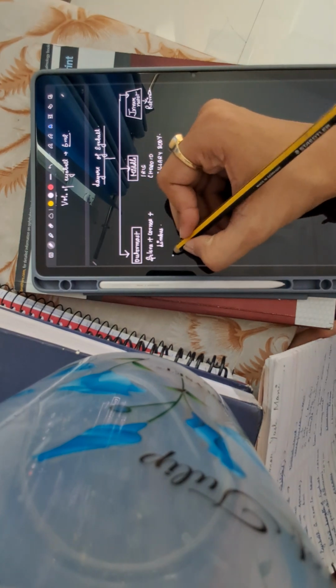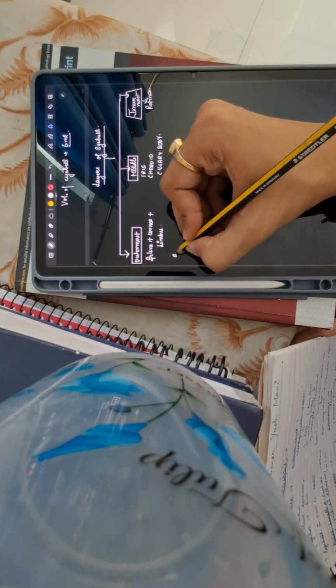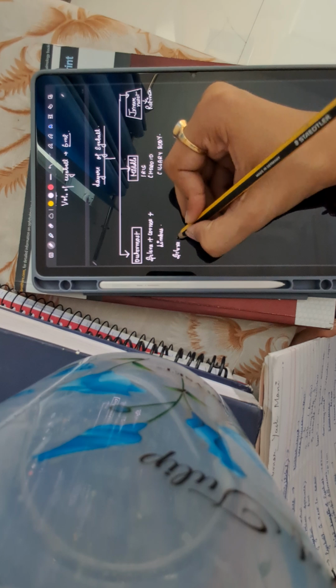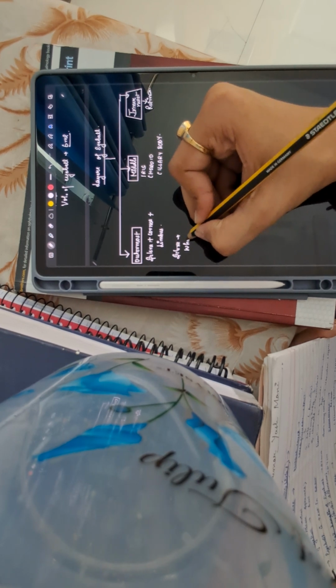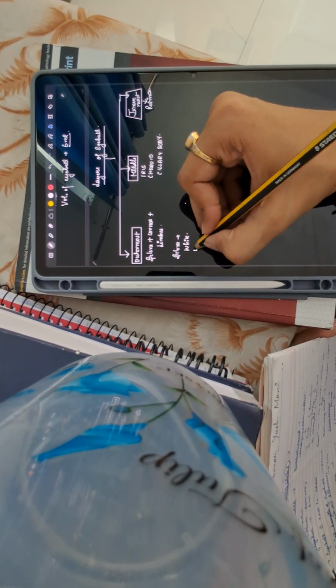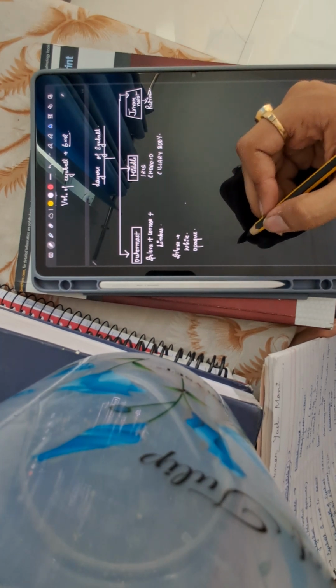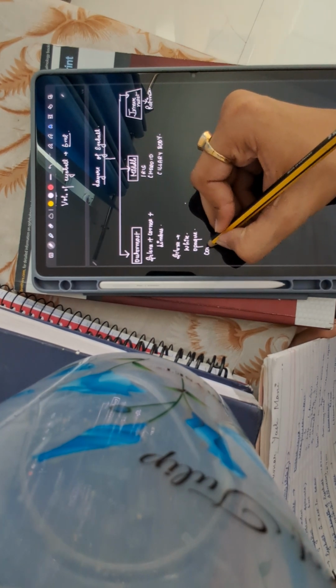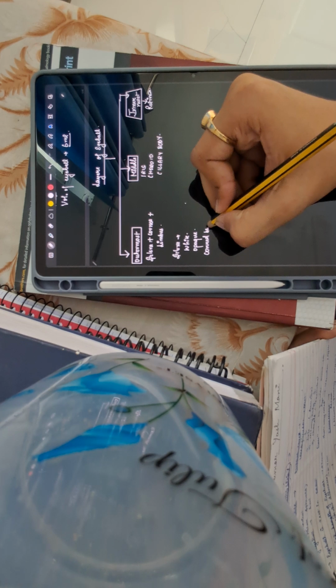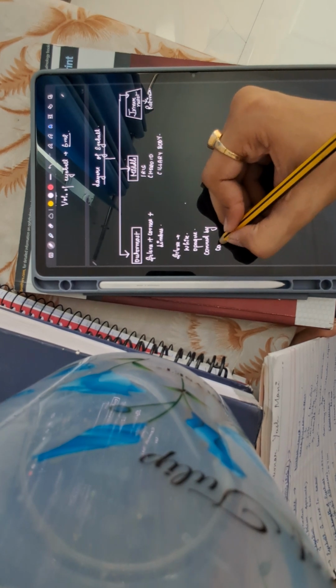So when I say sclera, sclera is white and opaque and covered by conjunctiva.